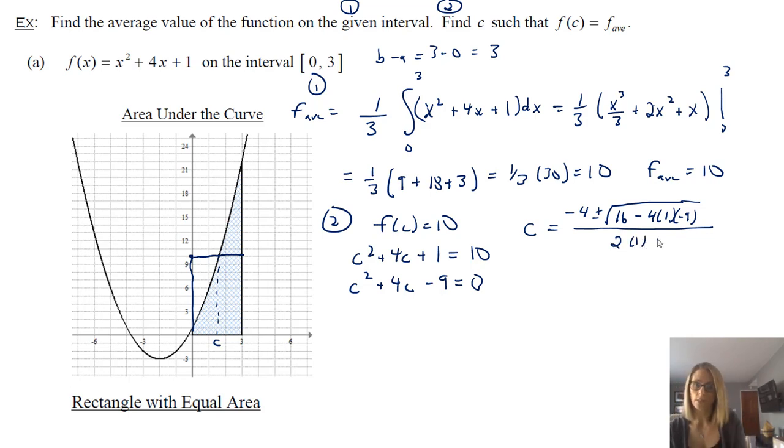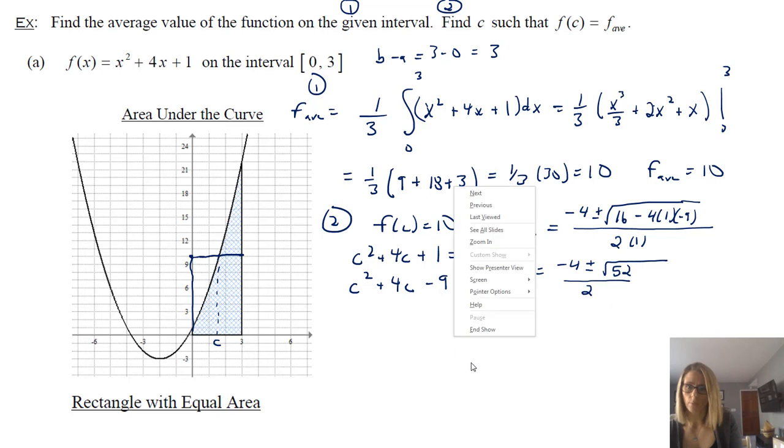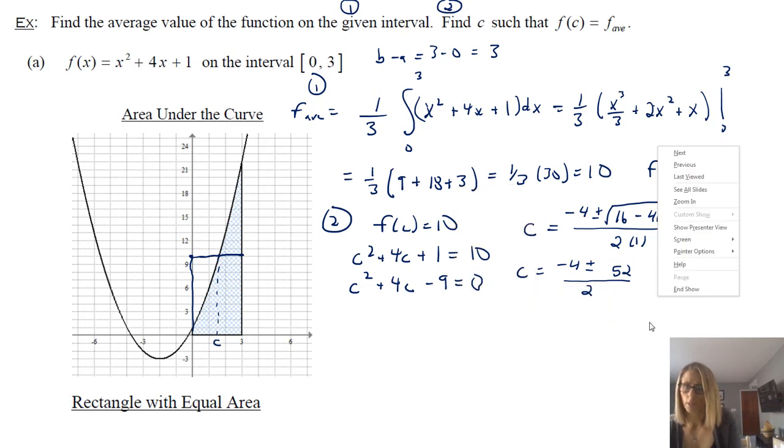And I know I'm saying c, it's not the same c, I'm just using the quadratic formula the way it's typically said. So we get 16, it looks like plus 36, so that's going to be 52 over 2. And that can simplify a little bit. 52 has perfect squares in it. I'm just going to make it a little bit shorter so I can fit everything.